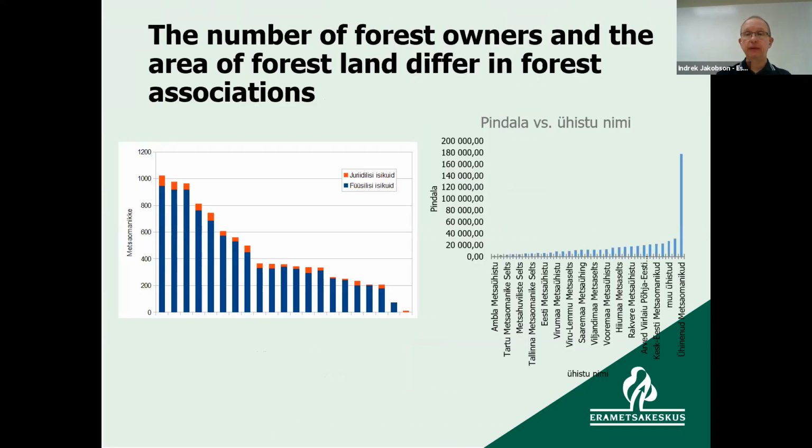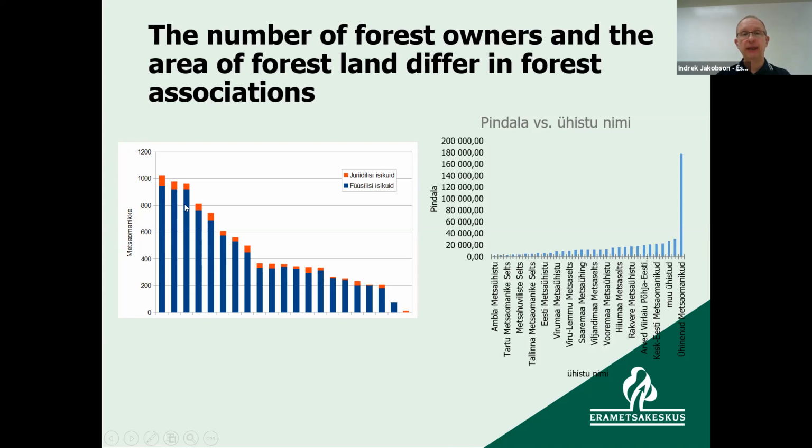And here is a slide which describes the number of forest owners members. And here, unfortunately, it is not written down. We couldn't take it, but here are different forest owners associations, which include companies and physical persons.